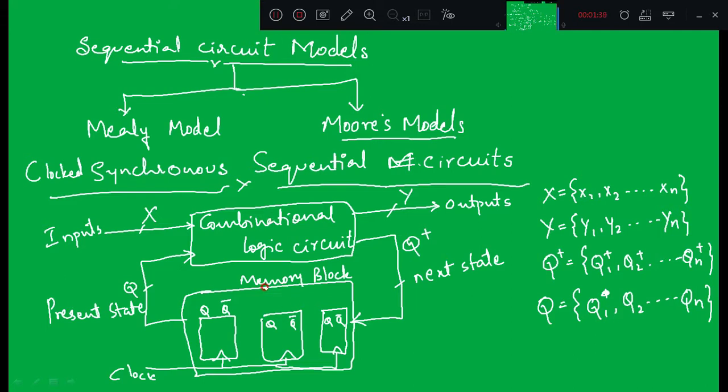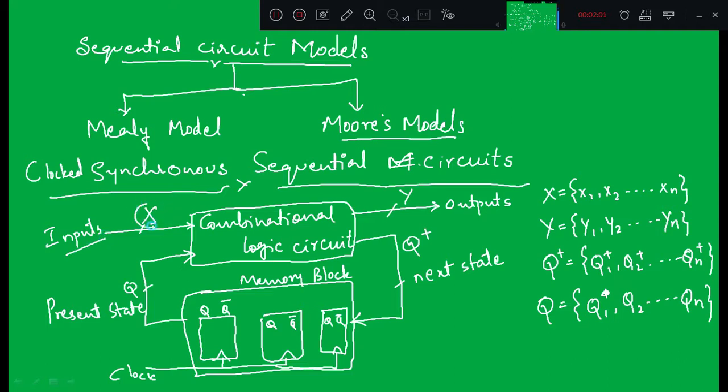And the memory blocks, or the flip-flops, depend on both the present input as well as the past output, right? So together we can generate one more kind of circuit, which is called a clocked synchronous sequential circuit. In this block diagram you can see there are X number of inputs.